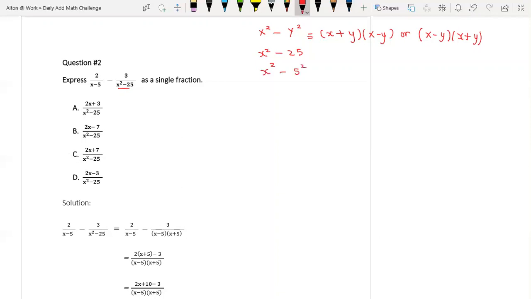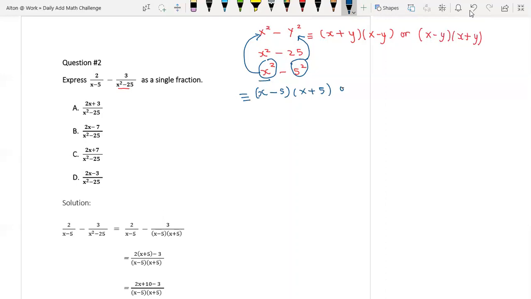Now, when you compare your third line with the general expression, you would notice, well, x is your x, but y is not 25, y is 5. So therefore, x squared minus 5 squared is the same as x minus 5 by x plus 5.